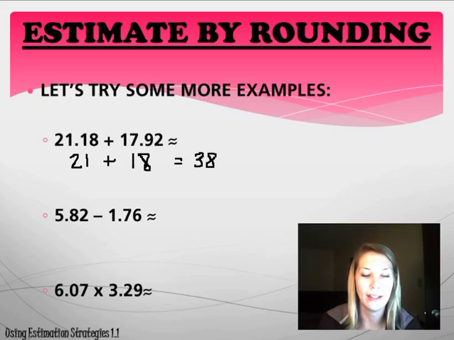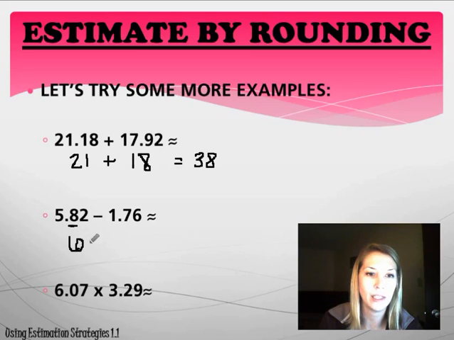Take a look at the second example. Tell me, what would you round 5.8 to? If you looked at this 0.8 and said, this would be closer to 6 on the number line than 5, then you are correct.